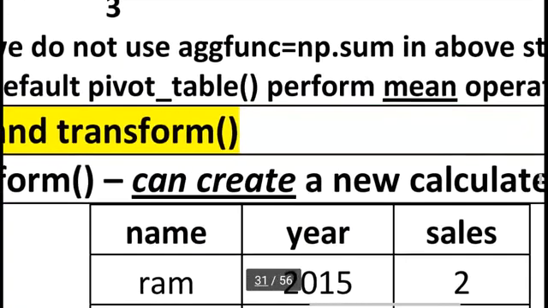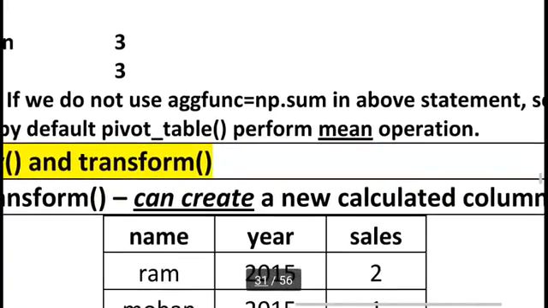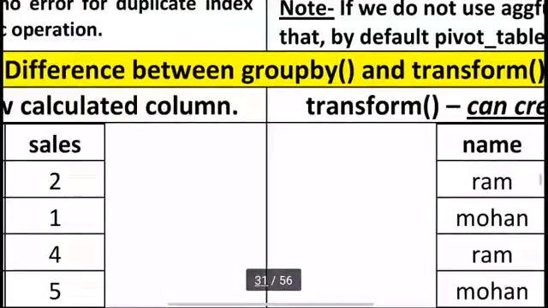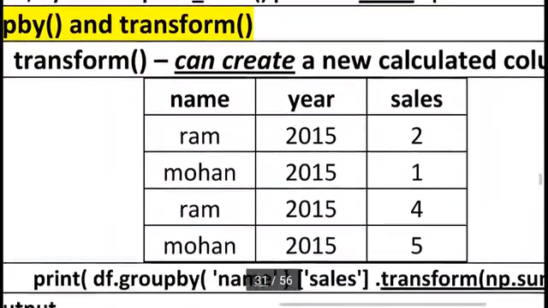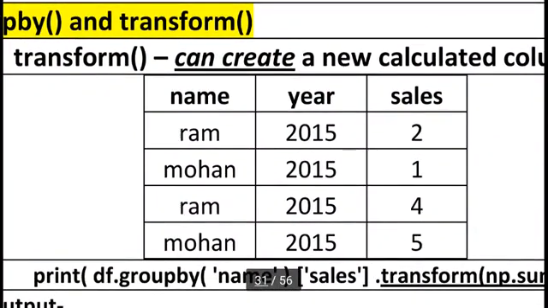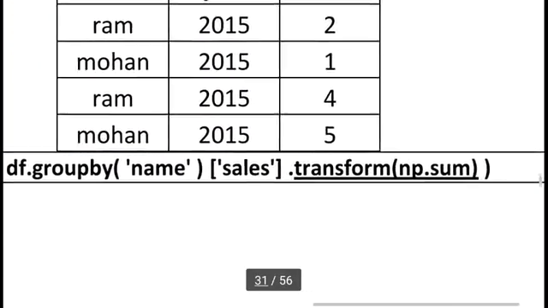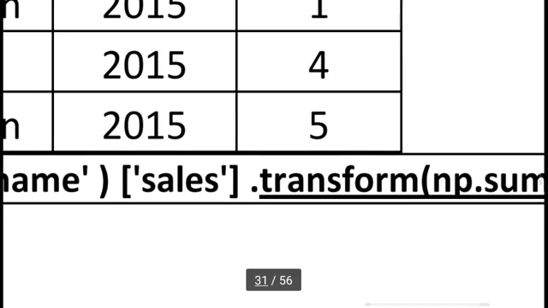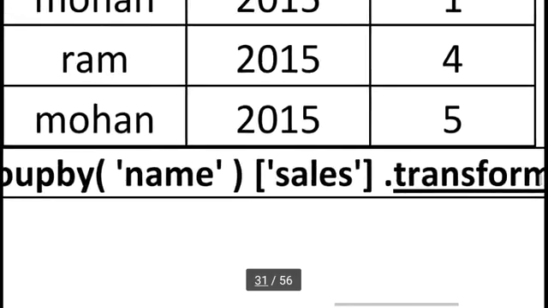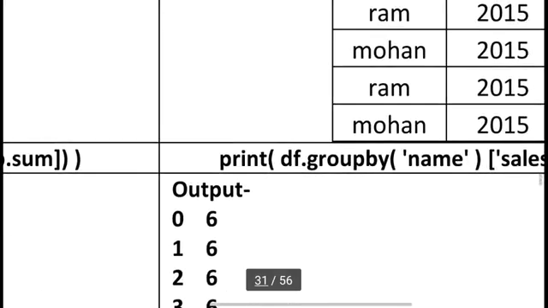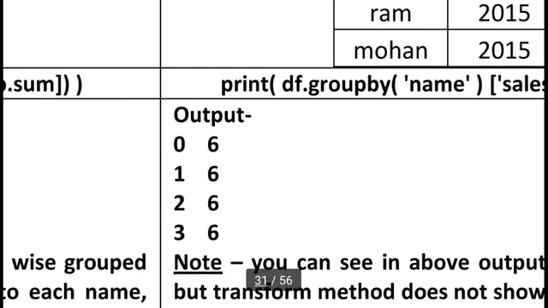Transform can create a new calculated column. Here I am taking the same example: name, year, cells. You can see I am writing group by name, cells, but here I am using a new thing, transform np.sum. So you can see the output 0, 1, 2, 3.